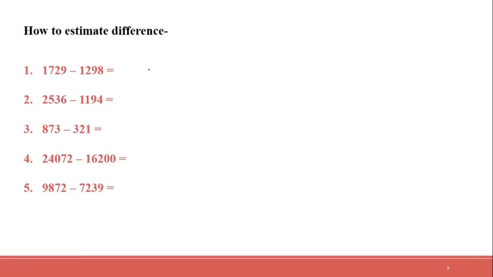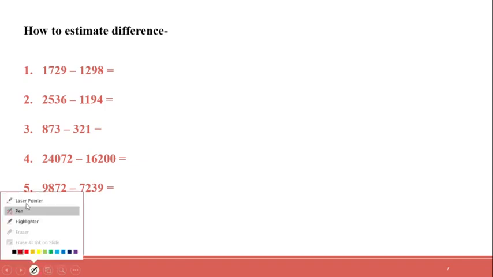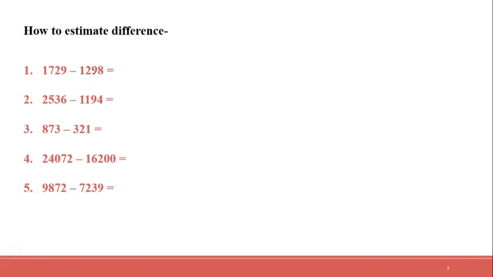Now we will subtract. We will do the rough estimation and then we will subtract. So how will it work? Let's round it off to the nearest 100. Okay, so this will become 1700 minus, this will be converted to the nearest 100, it will become 1300.